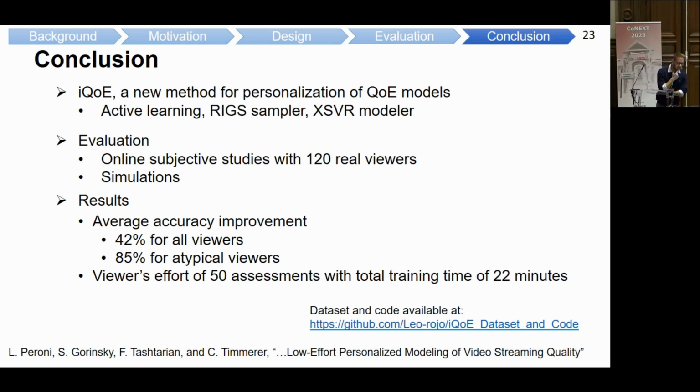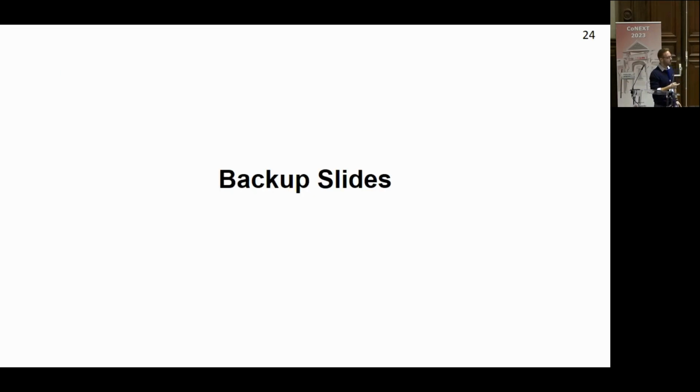So if I have understood well, the first question is if the synthetic raters are similar to the real raters. And with the real raters, was it a distribution or was it a skew? Okay, actually, we did this and we compared. I have a slide somewhere in the backup slides.